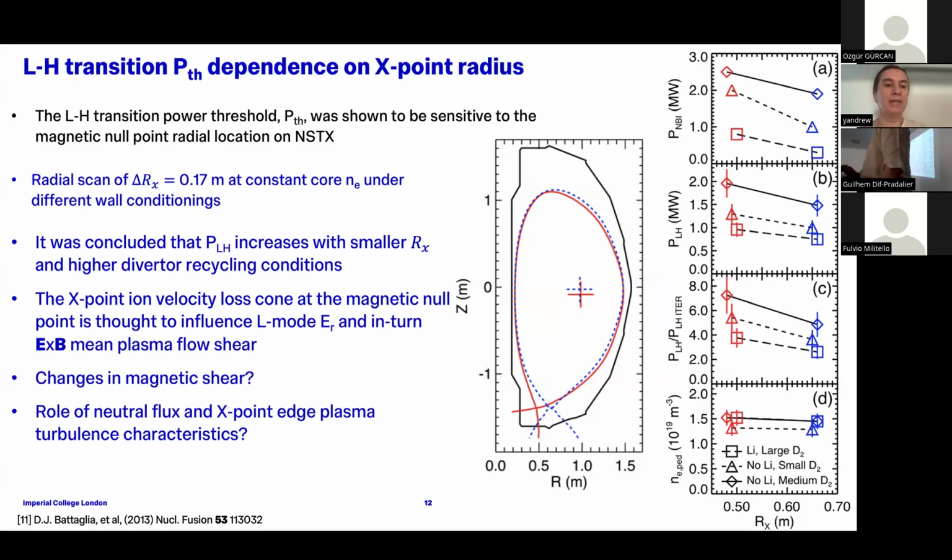Again, this was attributed to the radial electric field impact of this. And there's questions here that remain on the influence of the magnetic shear. I mean, you can see that the triangularity is changing very much in changing that radial electric field. And even though there was a pumped divertor, I do have questions here on neutral flux and recycling patterns and how those would influence the conditions at the X point.